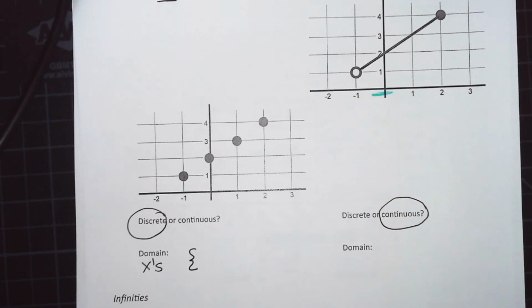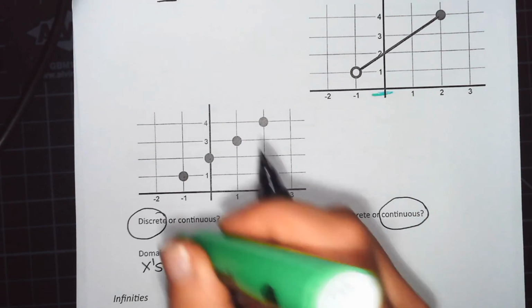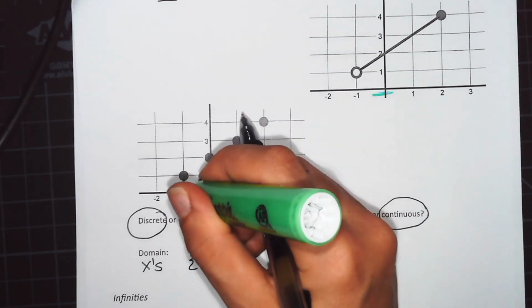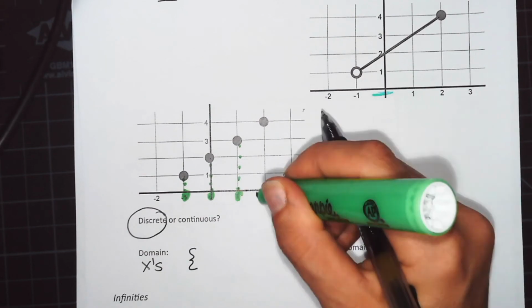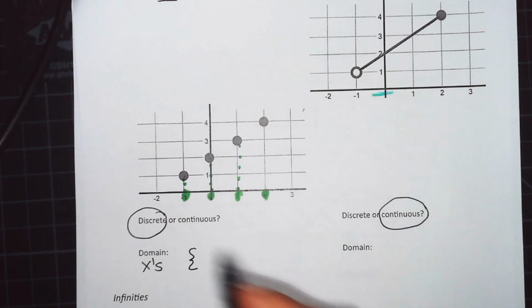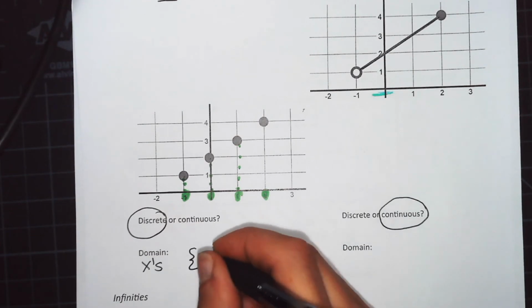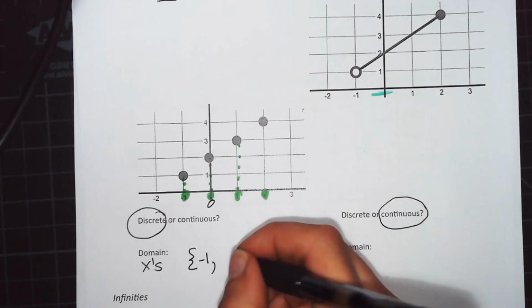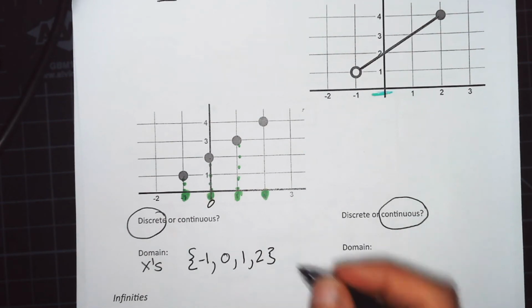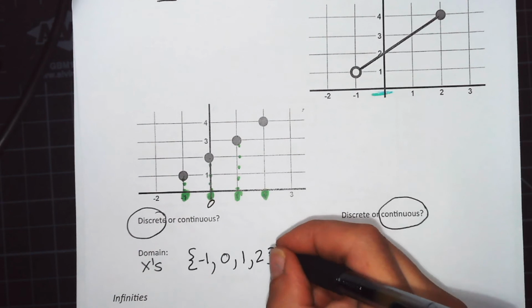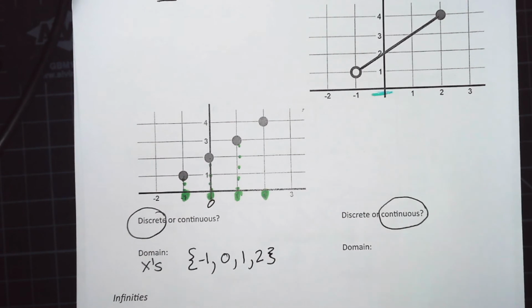If not, not a big deal. But here, again, we're just tracing what are the x values. We've got -1, we've got 0, we've got 1 and 2. And we just list them out. That's our domain. I kind of messed up that one. That one's not very cute, but you get the idea.